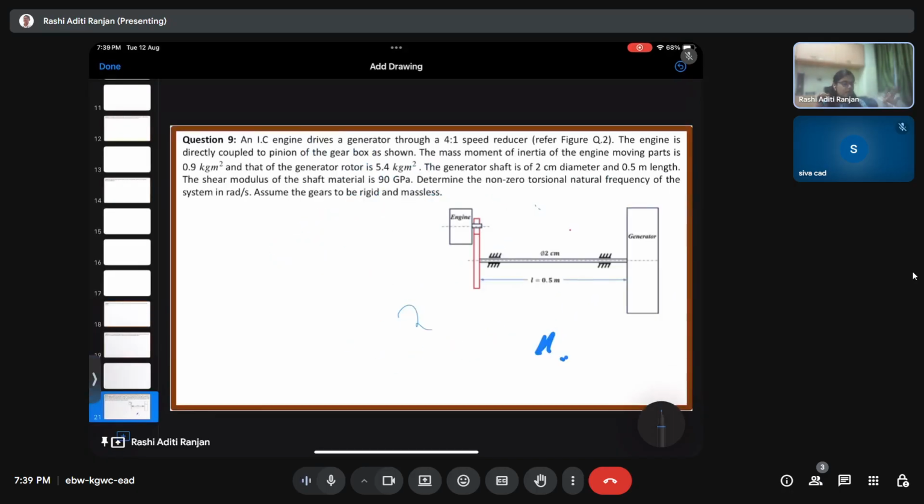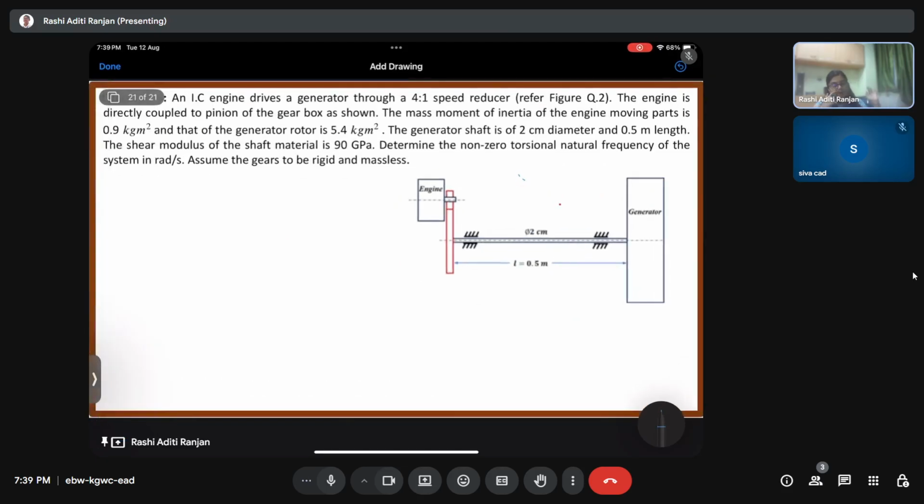Now coming on to the last question. Over here we have an IC engine that drives a generator through a 4:1 speed reducer. The engine is directly coupled to the pinion of the gearbox as shown.